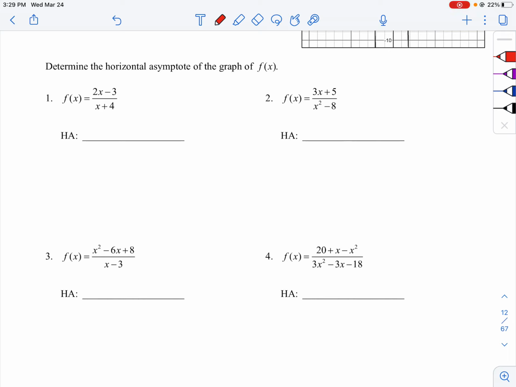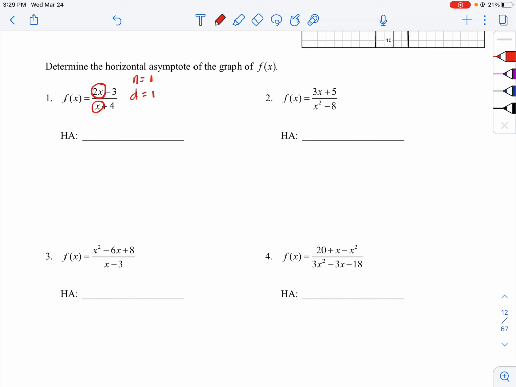Okay, so we have 2x minus 3 over x plus 4. Let us get our horizontal asymptote. I'm going to circle this because this is the winner on the top. This is the winner on the bottom. The numerator has a largest exponent of 1. The denominator has also a largest exponent of 1.